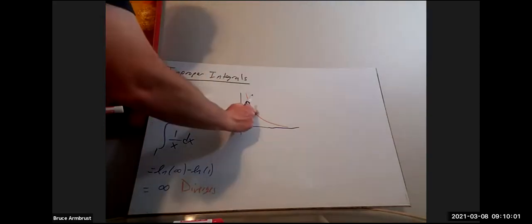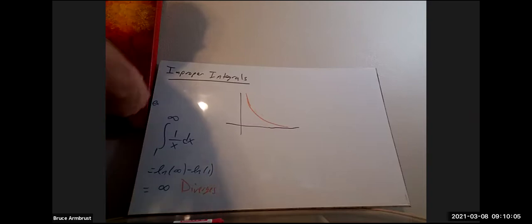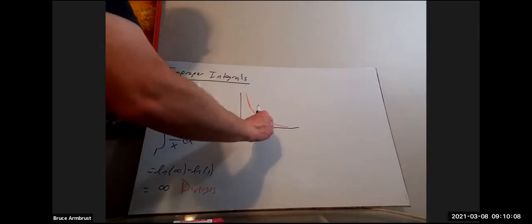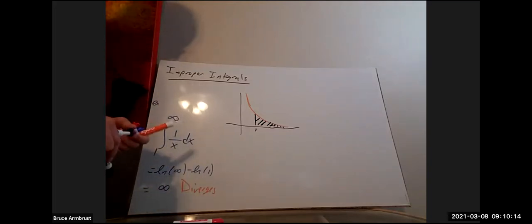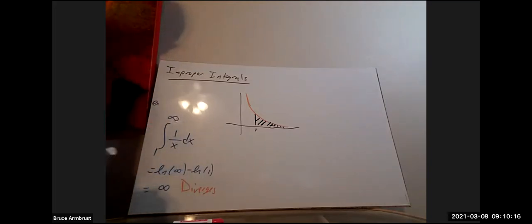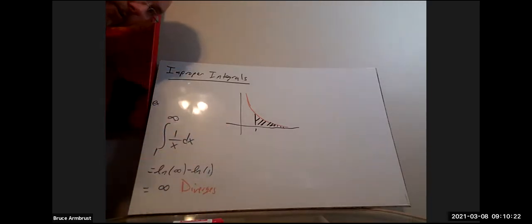So what we just found is that the area underneath this curve from 1 to infinity is infinite. There's an infinite amount of area. Okay, so sometimes they're infinite, sometimes they're finite. There is no real rhyme or reason to it, and there are some patterns, but in general, you just have to do the integral and see what happens.